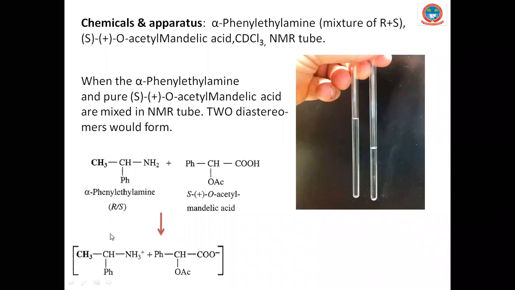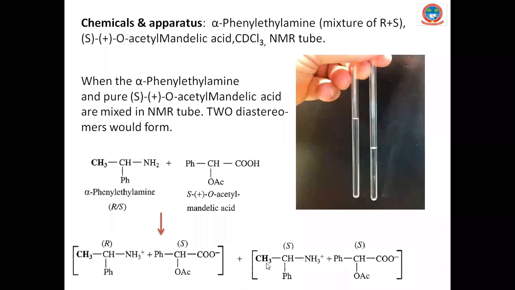In this salt, CH3 has its special position, and another salt will form which has the CH3 group in a different orientation. The S carbon will be retained as it is, here also S, here also S. What about this carbon? Here it is R, here it is S. So we have an RS configuration in this salt, and an SS configuration in this salt.